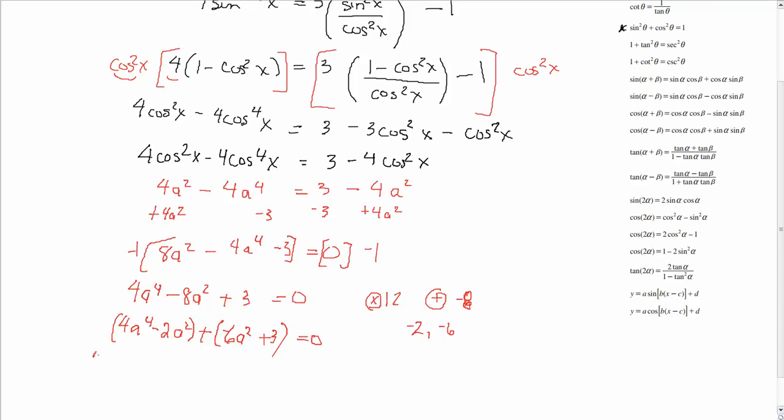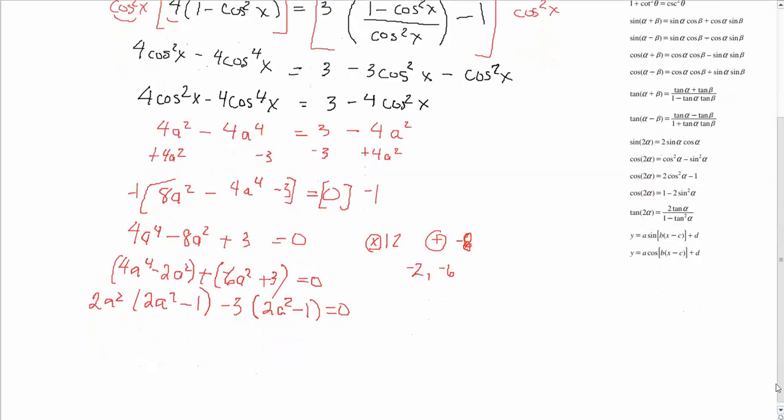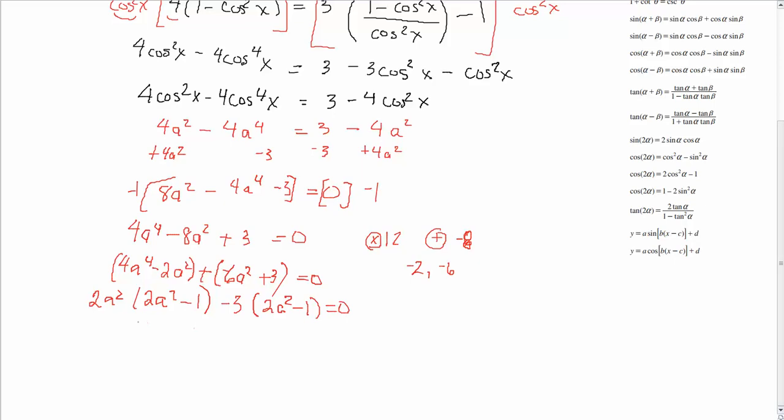Factoring out 2a squared, I'm left with 2a squared minus 1. I'm going to factor out -3, and that leaves me with 2a squared minus 1. Continuing our factoring, we have 2a squared minus 3 times 2a squared minus 1 equaling 0.